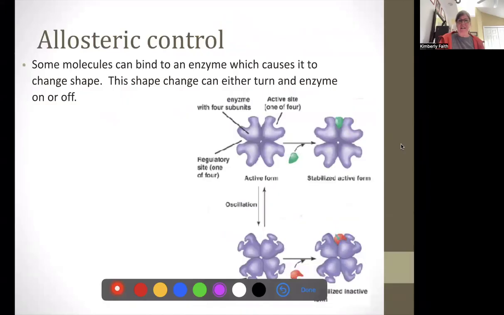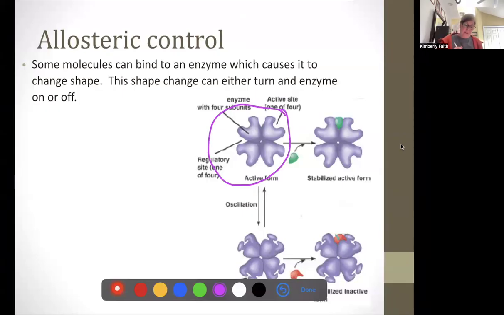We also have something called allosteric control. And it's kind of similar to what we just said about the non-competitive, right? Allosteric control is when an enzyme changes shape. The shape can either be turned on or off. So for example, in this particular one, there's our quaternary structure, right?